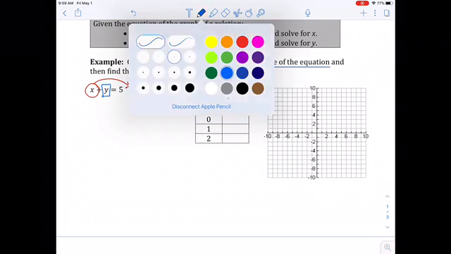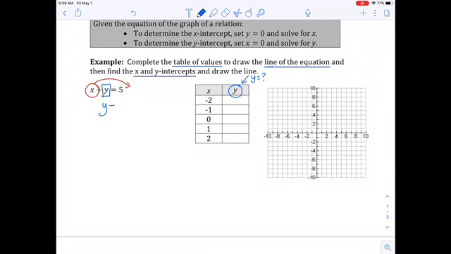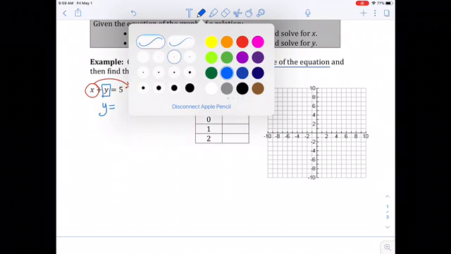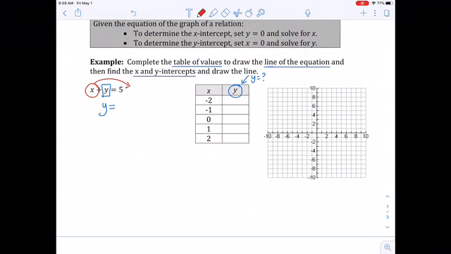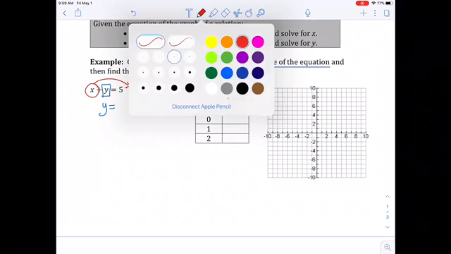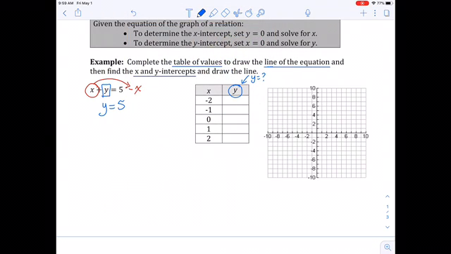So what I then get is Y is equal to, and when I move over a term, the sign of that term changes. That was a positive X, it's going to become minus X. So when I move over that term, we end up with 5 minus X. Now let's substitute in some values.